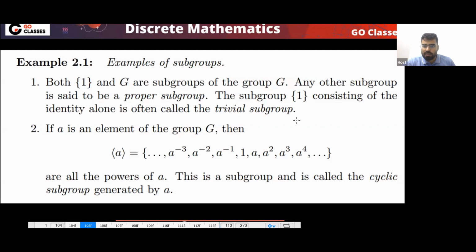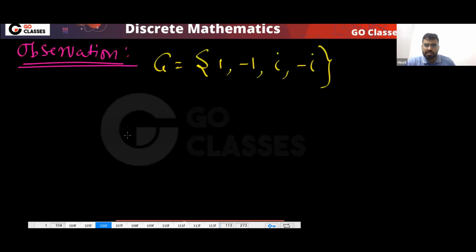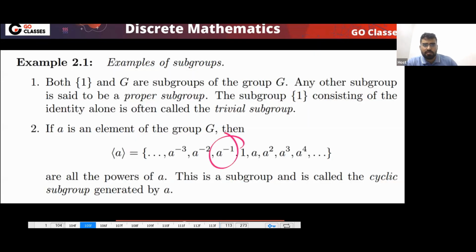All the integer powers means A inverse, A power -1, A power -2. So the inverse is automatically coming, and the identity element is automatically coming.